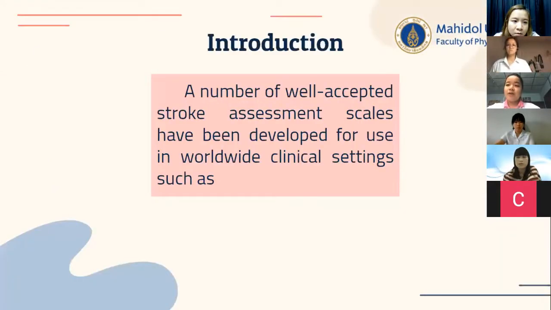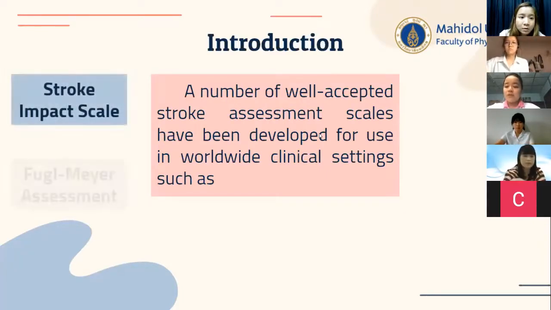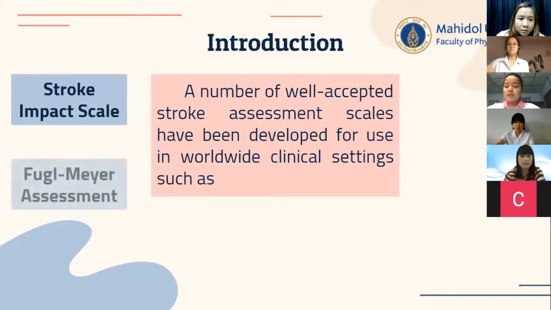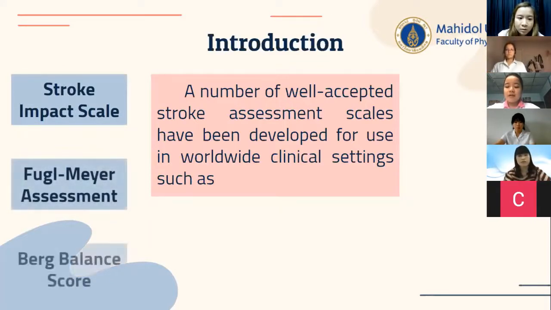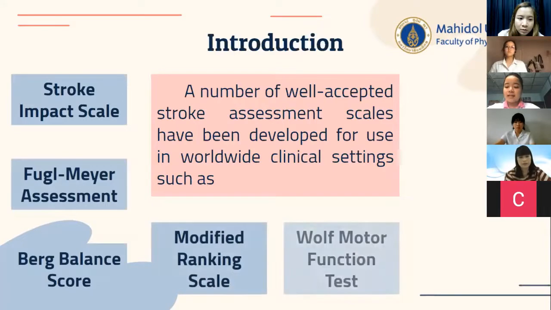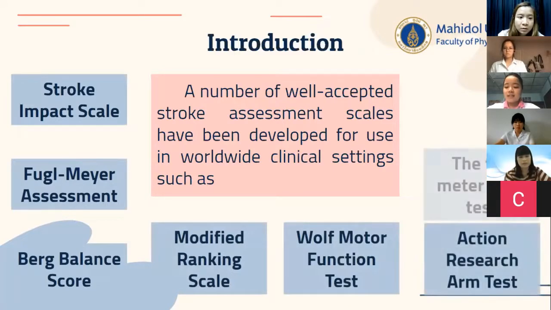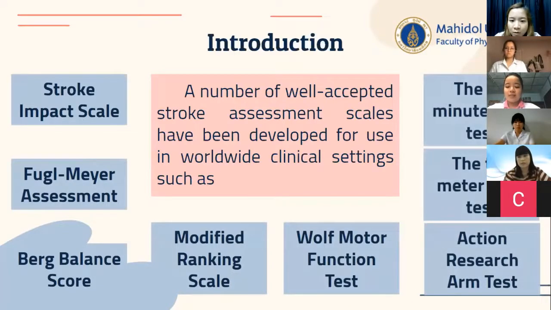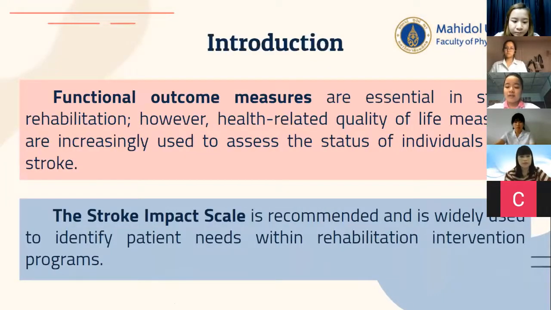A number of well-accepted stroke assessment scales have been developed for use in worldwide clinical settings, such as the Stroke Impact Scale, Fugl-Meyer Assessment, Berg Balance Score, Modified Rankin Scale, Wolf Motor Function Test, Action Research Arm Test, 10-meter walk test, and 6-minute walk test, all of which have been used as a reference standard or external criterion of change in individuals with stroke.